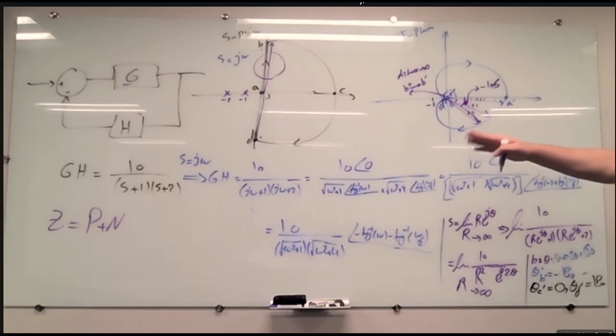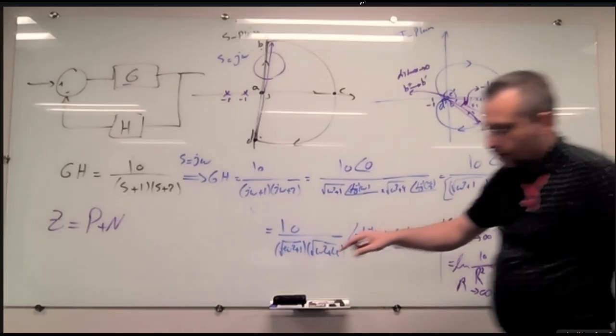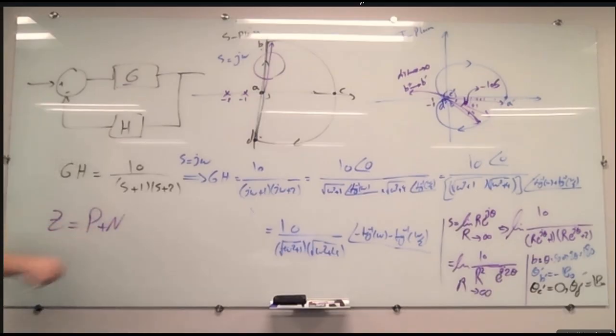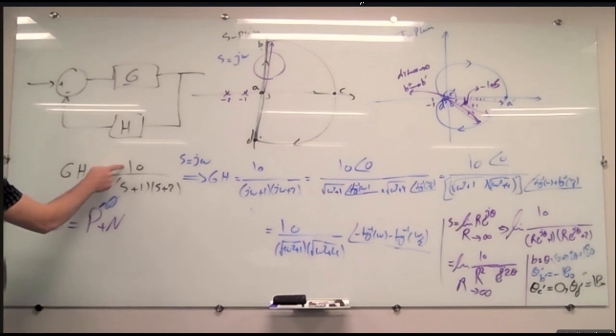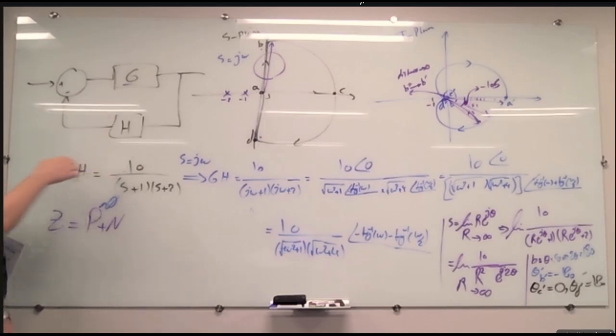For this function, the number of poles on the right hand side was 0, correct? Are we good? So this number here is 0. Look at this. How many zeros do we have in the right hand side? 0. We don't have any zeros. So this one is also 0.